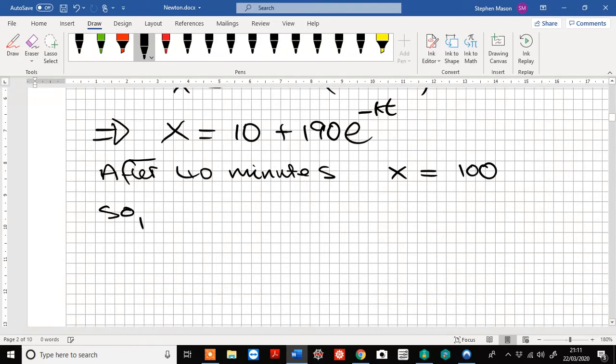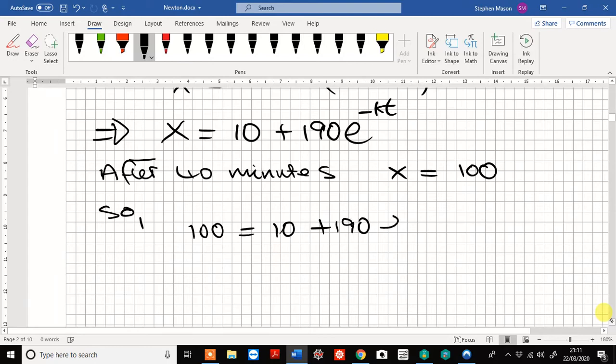So we have 100 equals 10 plus 190 e to the minus kt, because the whole point of this part of the exercise is to find the constant k to work out the final bit of the question.